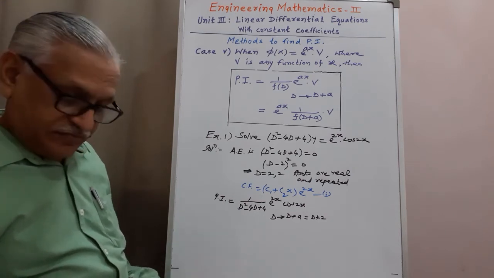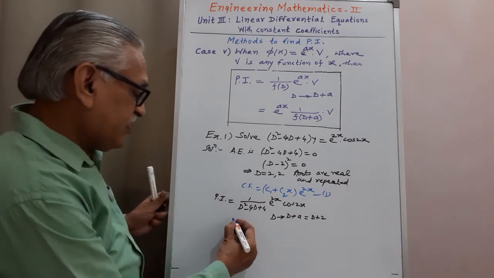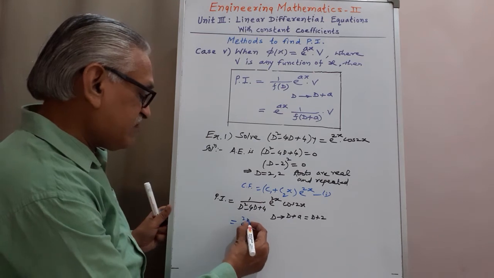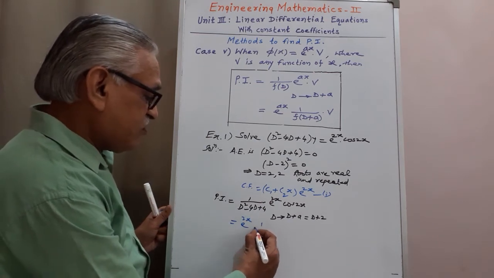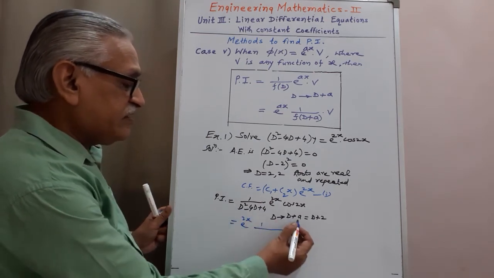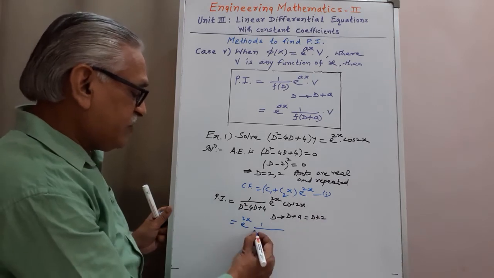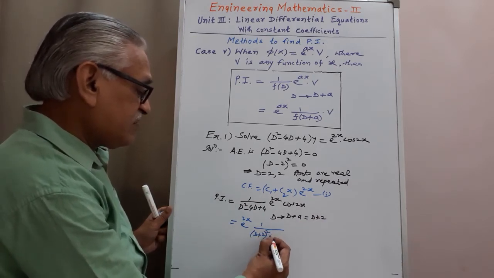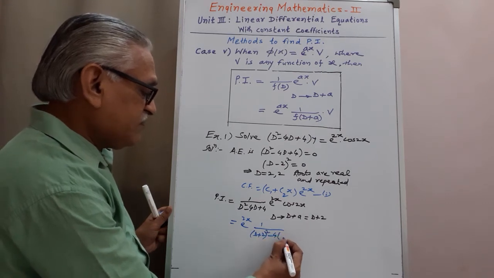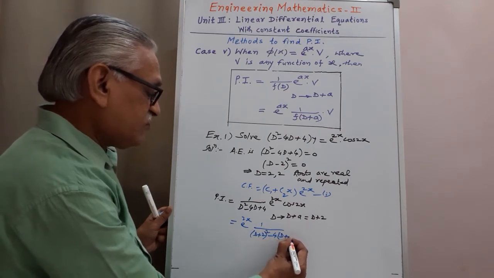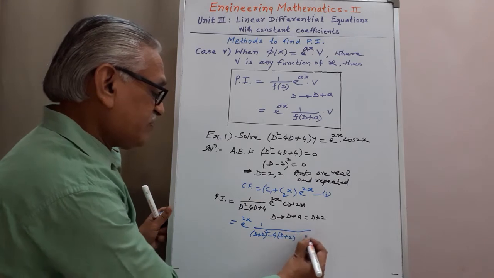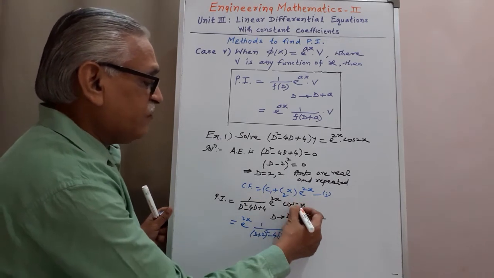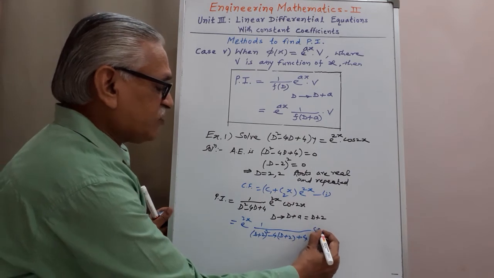We get, and therefore it is equals to, taking this e raised to 2x before that operator, 1 upon every D is replaced by D plus 2, and therefore we get here D plus 2 bracket square minus 4 times D plus 2 plus 4, which we have to operate on V, and V is here cos of 2x.